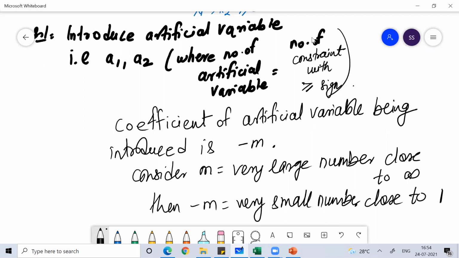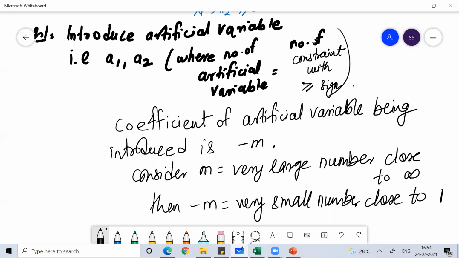The overall calculation should not get impacted by the introduction of these variables. I hope you are understanding this.